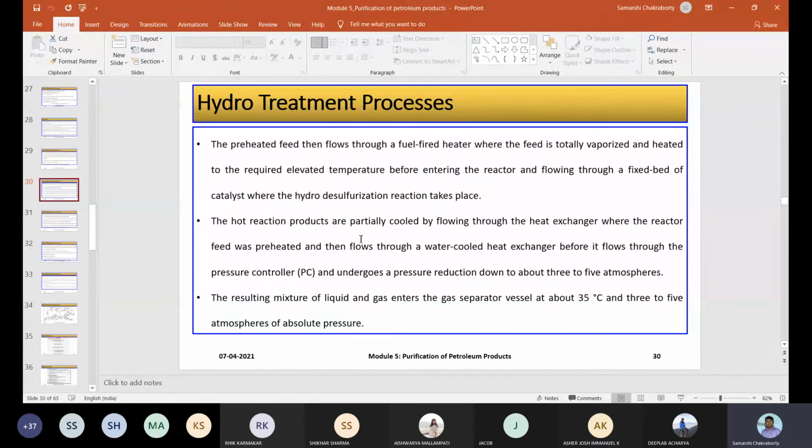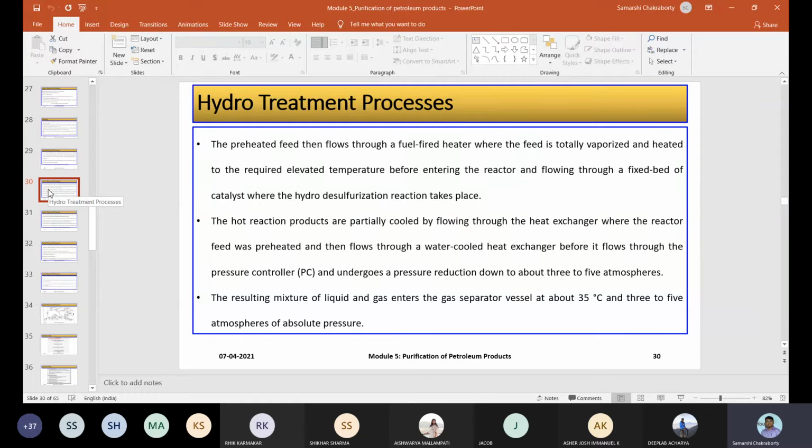Then it flows to a water cooled heat exchanger before it flows to a pressure controller and undergoes pressure reduction down to about 3 to 5 atmosphere, because your reaction takes place between 300 to 400 degrees centigrade and the pressure is between 30 to 130 atm.